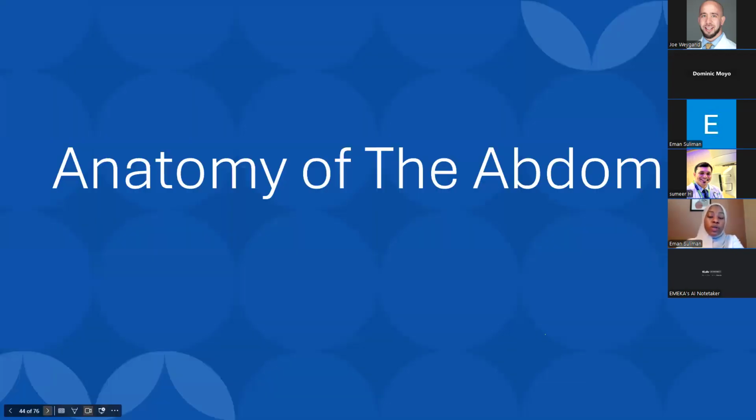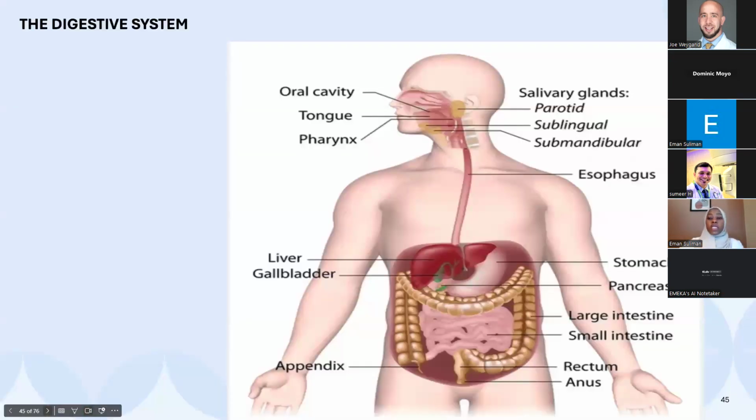Okay, let's move into the anatomy of the abdomen. Here, the digestive system starts from the tongue, and then we have the oral cavity and the pharynx.